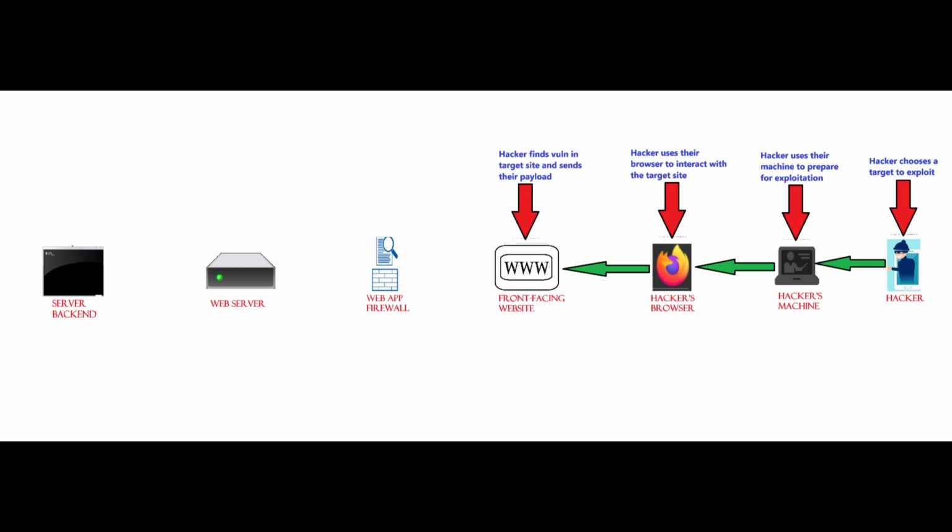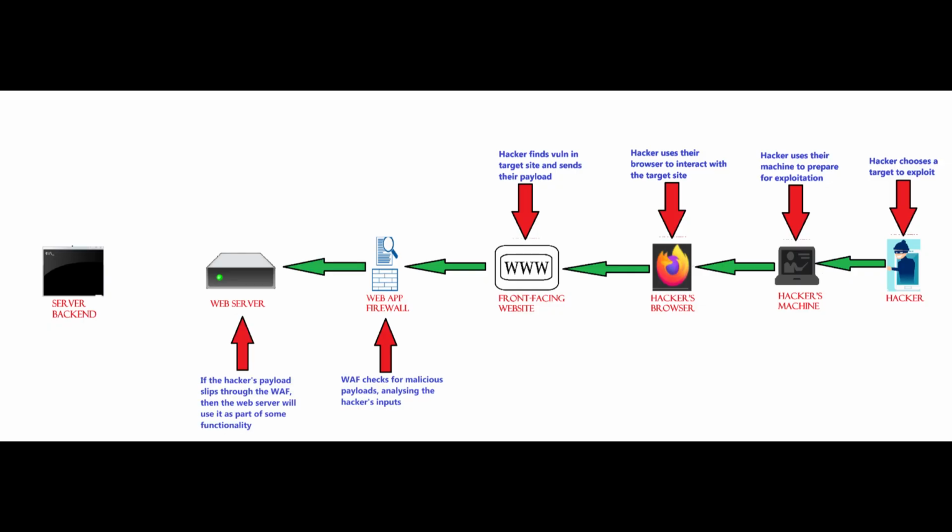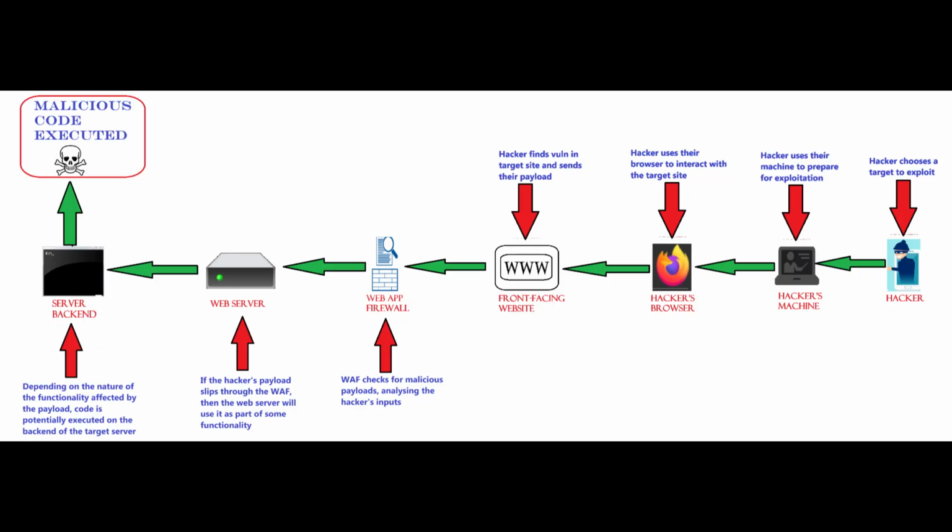They could then inject their payload into a vulnerable parameter. When their payload is sent, there will generally be a firewall or some form of input validation designed to prevent this. If their payload bypasses this validation, it will then be executed by the target server. This will result in the hacker's system command being executed in the terminal on the backend server, essentially giving the hacker free rein to execute whatever commands they want on their target.